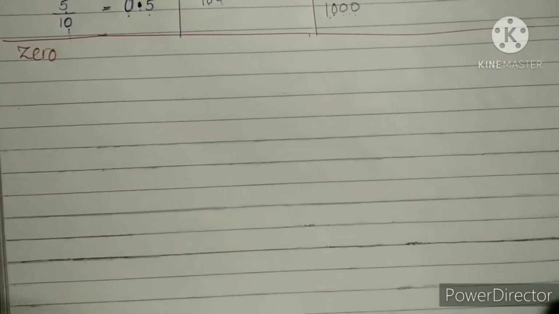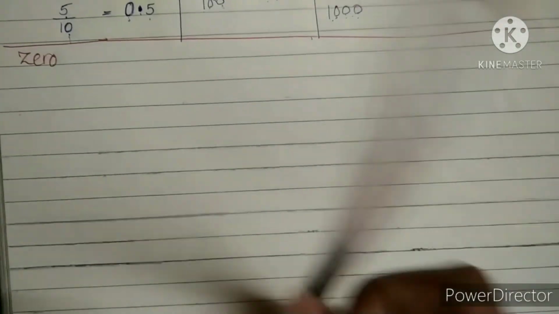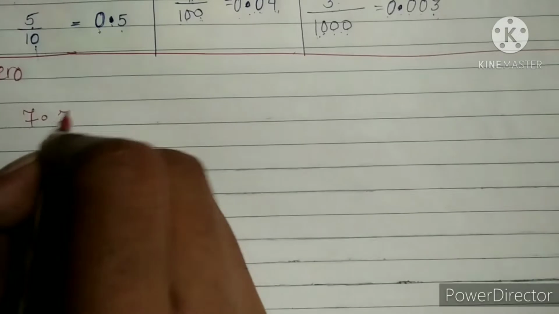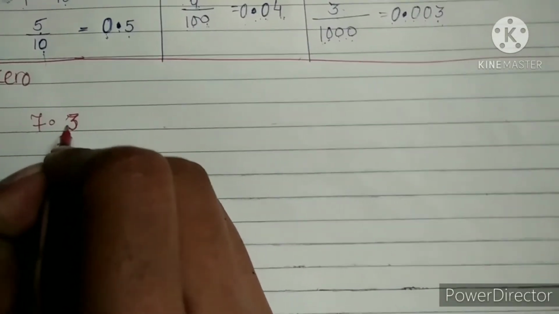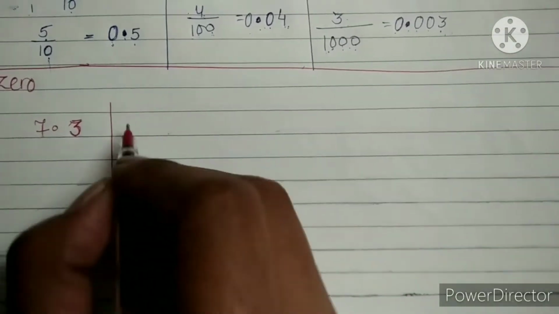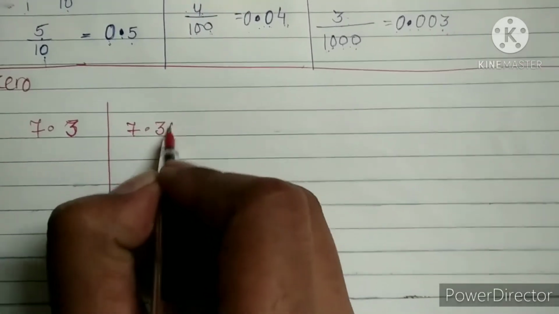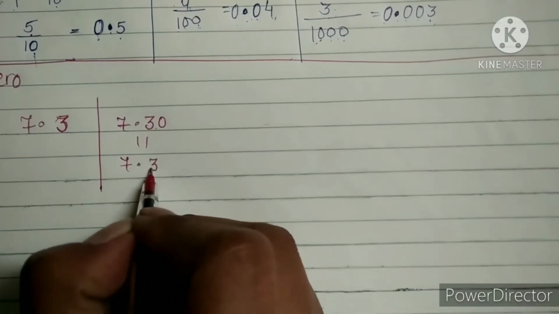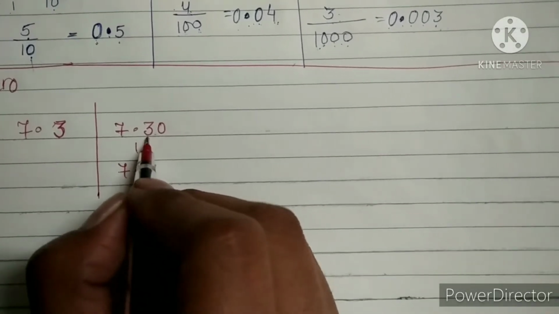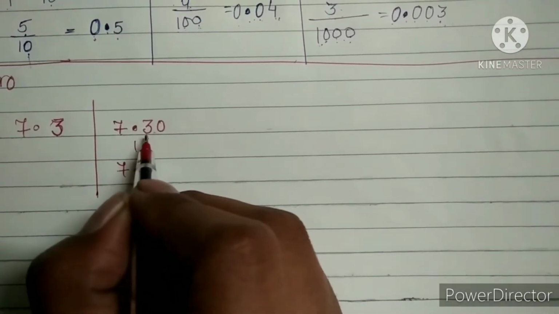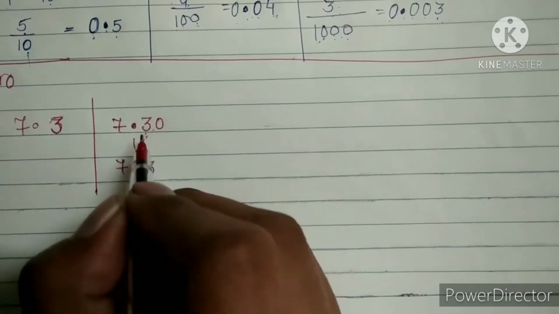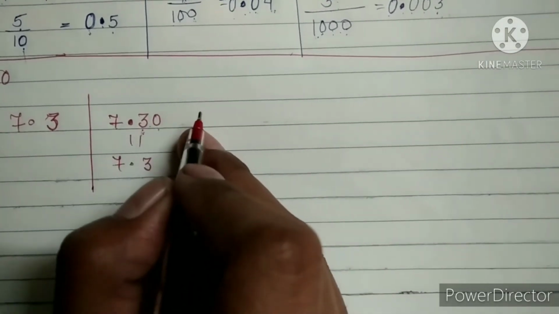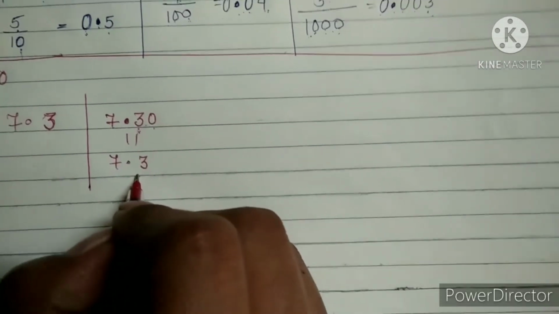Now the new topic is zeros in decimals. If we have a decimal value like 7.3, sometimes you can see 7.30. Its value is the same as 7.3, because when we put a 0 after the decimal at the last, it gives the same value.